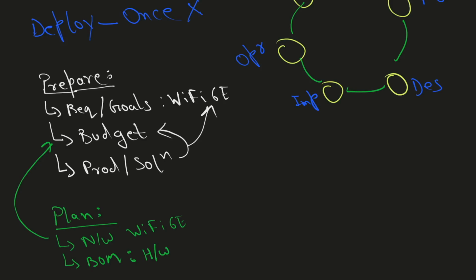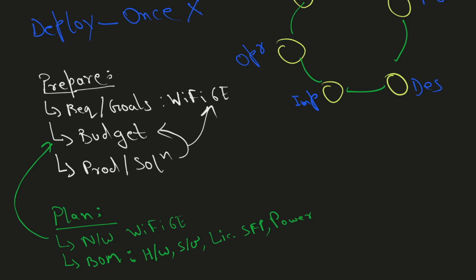But this is not just the hardware list. It also includes the software, what are the different licenses that they may have to purchase, what are the different, let's say, SFP modules that they have to purchase, which are compatible with the new solution. And it may also include what are the different power adapters that they may have to order along with this list of equipment. So it is a very extensive list.